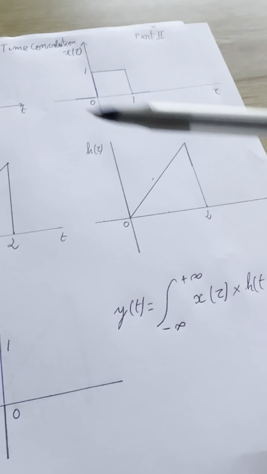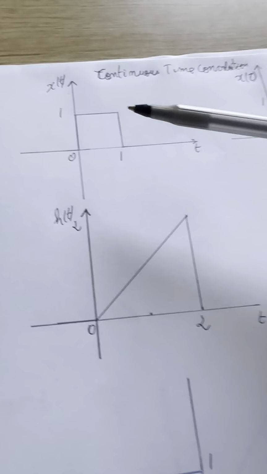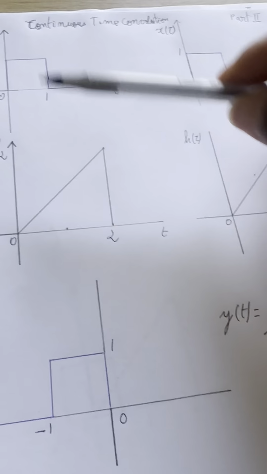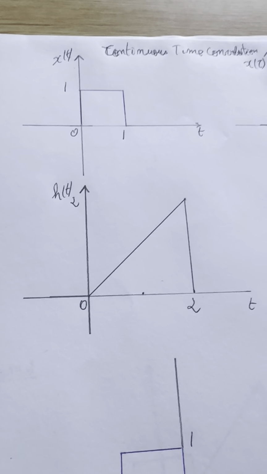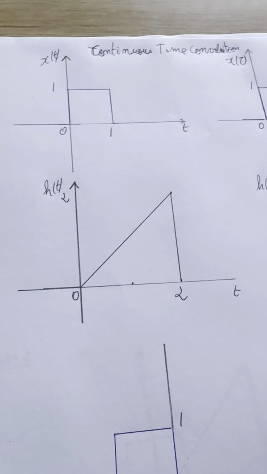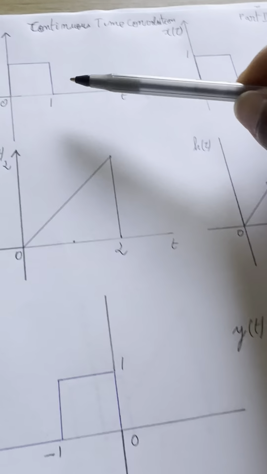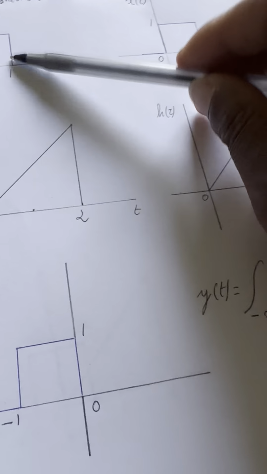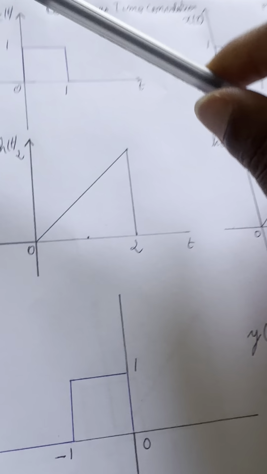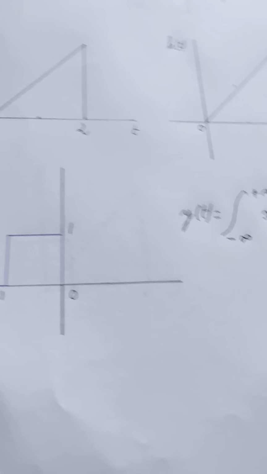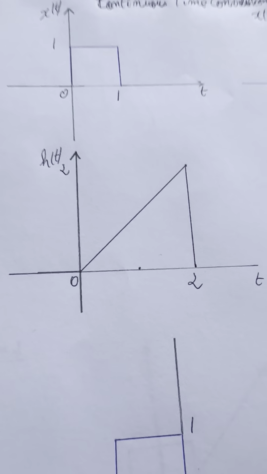In part 2, what we have to do, when we look at both graphs, which one is the easiest and simplest one to convert? This one or this one? Let's choose x(t) this time. Okay, so we will write the formula like this.